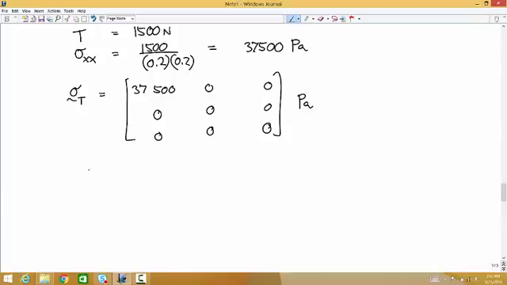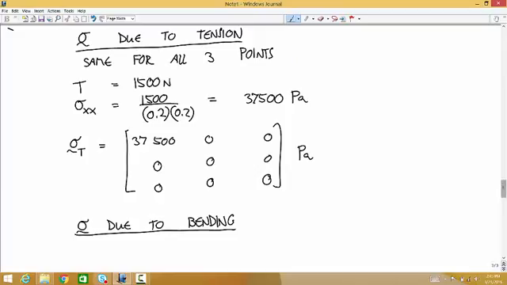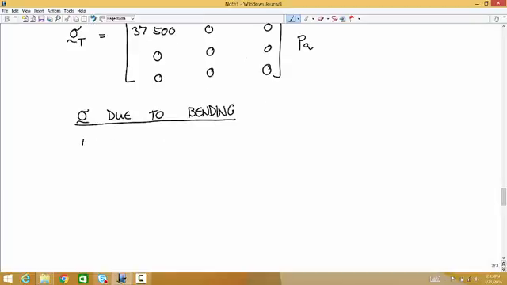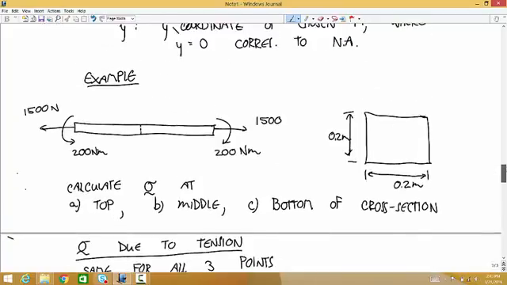So now we'll go to bending. The internal bending moment for all of these is just equal to, again, we could go through the internal loads calculation, but this is just going to be negative 200 Newton meters everywhere.